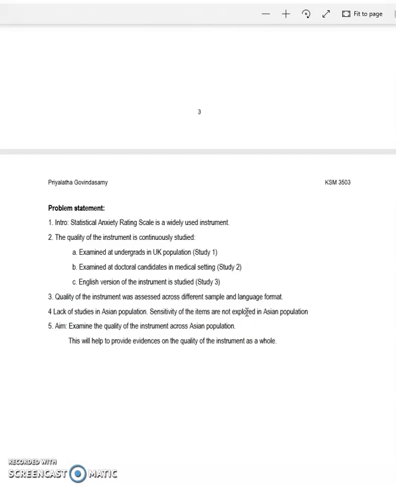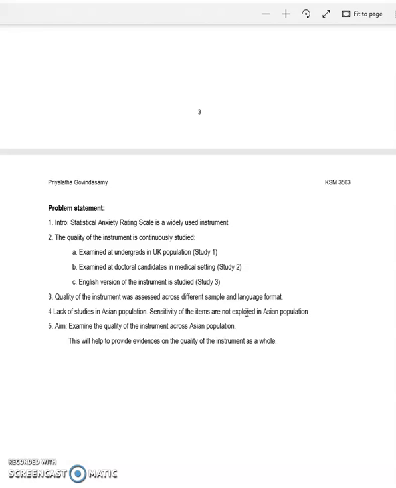So the big problem is the quality of the instrument. But when you're talking about the quality of the instrument, it has been continuously assessed in the UK population. The language of the instrument has been assessed and a specific sample has been assessed. But what is missing? The Asian population or Asian sample has not been studied.